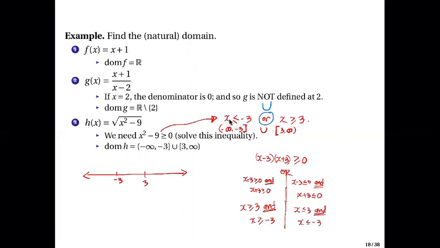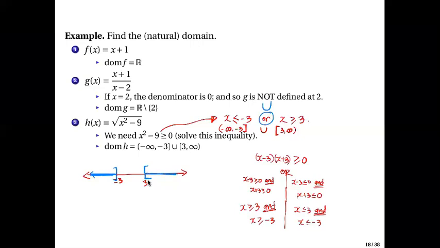This guy here, x less than or equal to negative 3, means that we are taking all the x's on this blue ray. And for this guy here, x greater than or equal to positive 3, it means we are taking all x's starting from positive 3 going to the right.